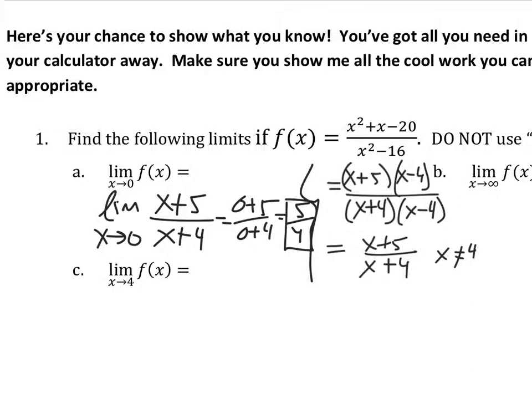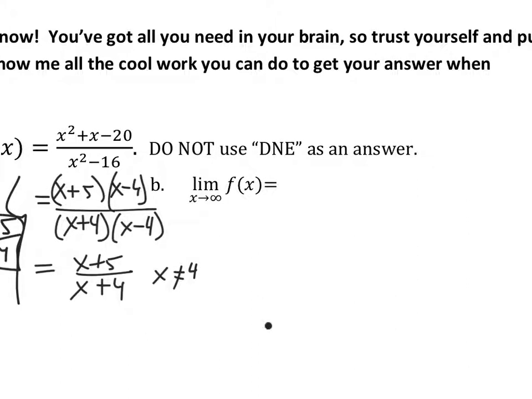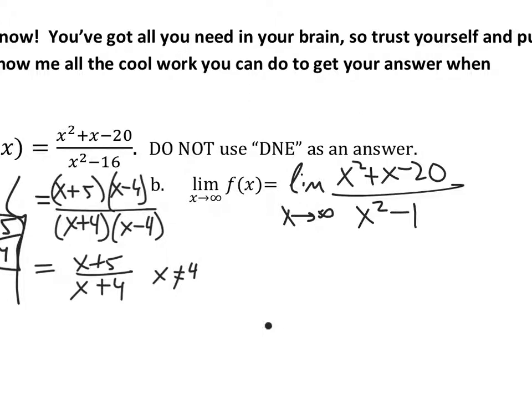So let's go over here to b. So as x goes to infinity here, well, let's write this out. We can use actually either of these versions. Let me go ahead and just write the original one down, because this will be equivalent.